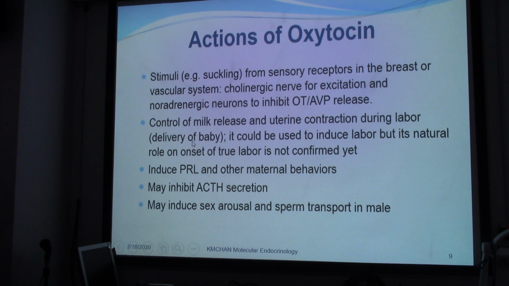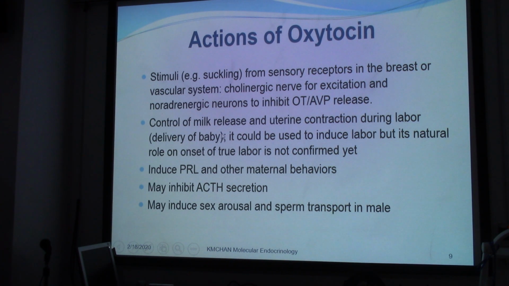And for control of milk release or uterine contraction during labor, it could be used to induce labor. But if you think about this action, its natural role in the onset of true labor is not confirmed yet. What we are trying to understand is whether we could really use oxytocin to induce labor. The answer is perhaps no.